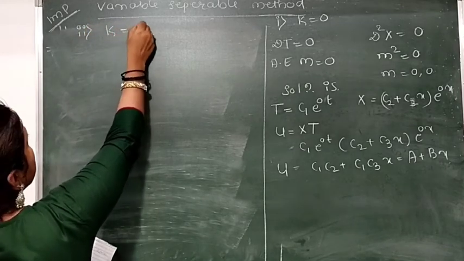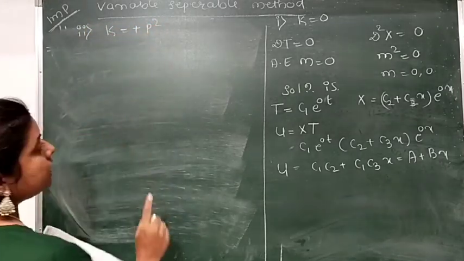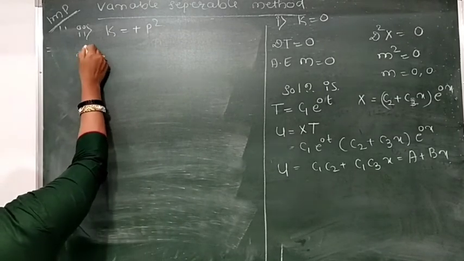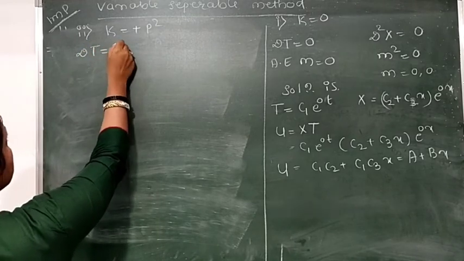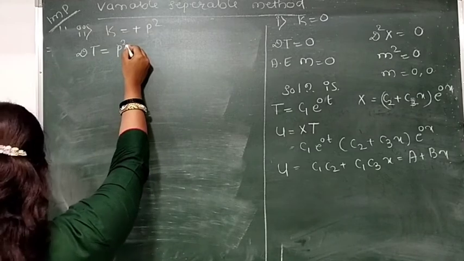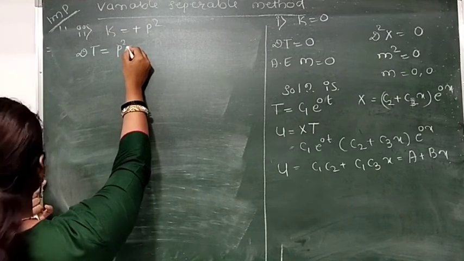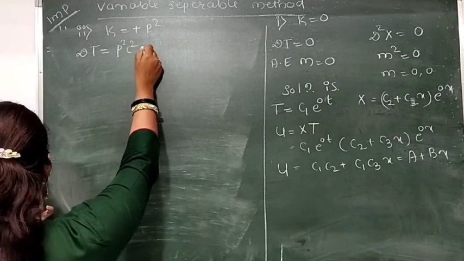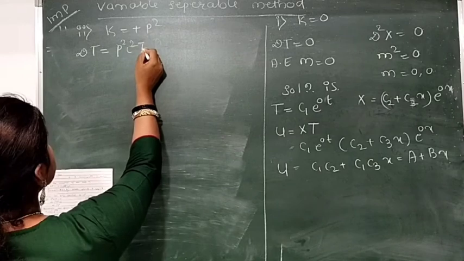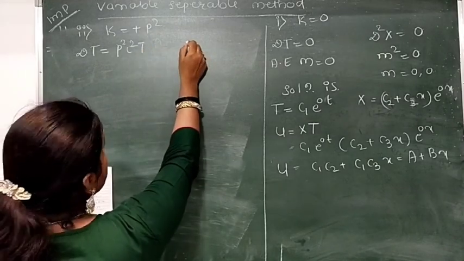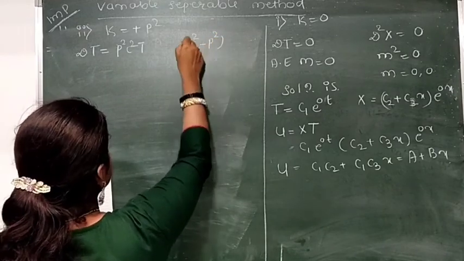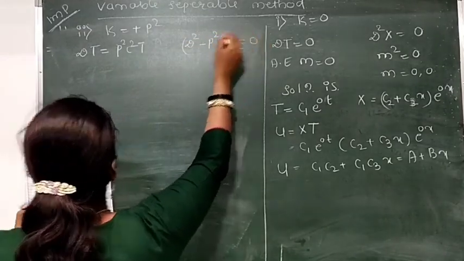k = +p². In place of k, you have to substitute: dT/dt = p² c² T, and the other term becomes d²X/dx² - p² X = 0.